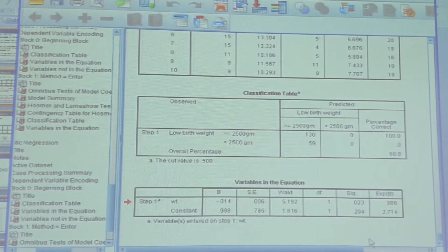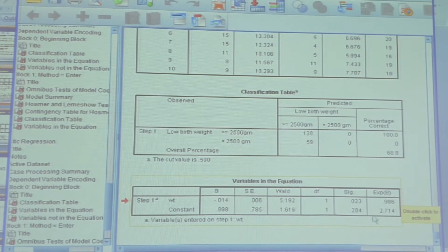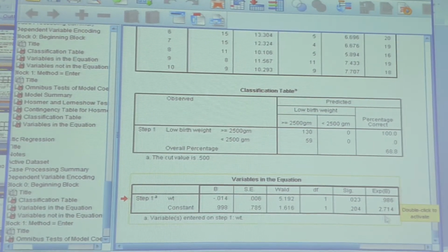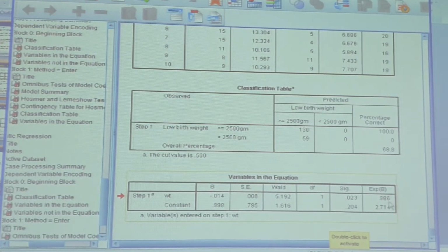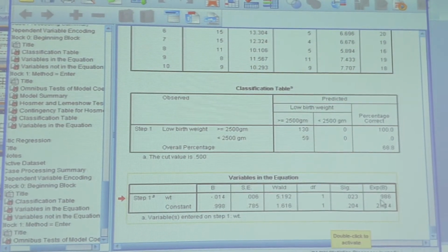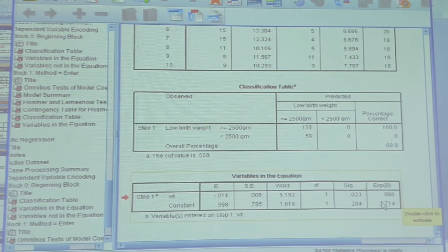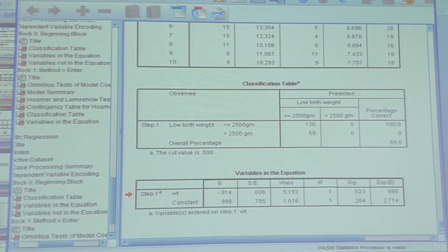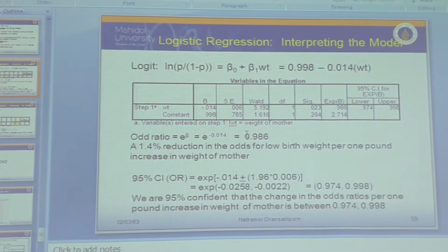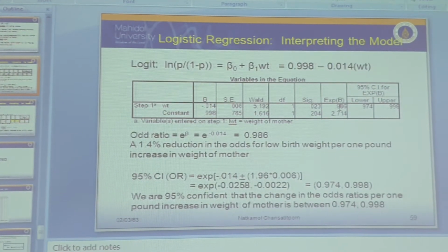So this is the odds ratio. We got 0.986. Let me go back to my slide. Here you see the exponential.